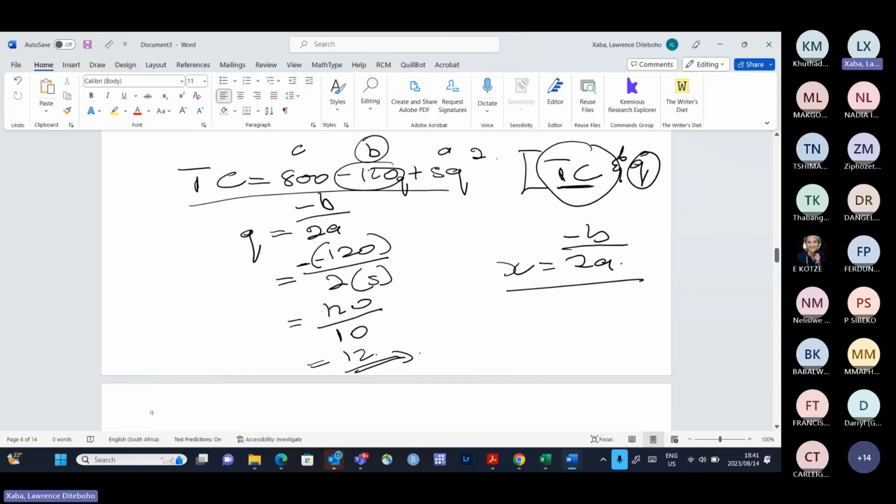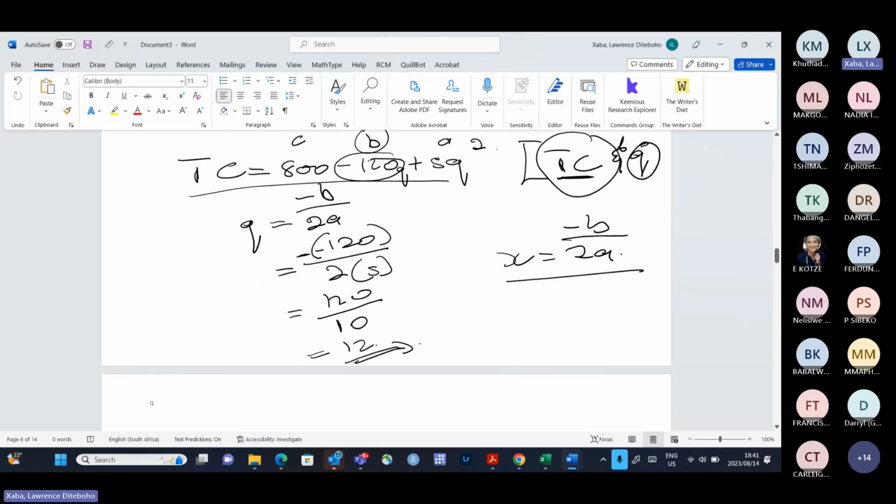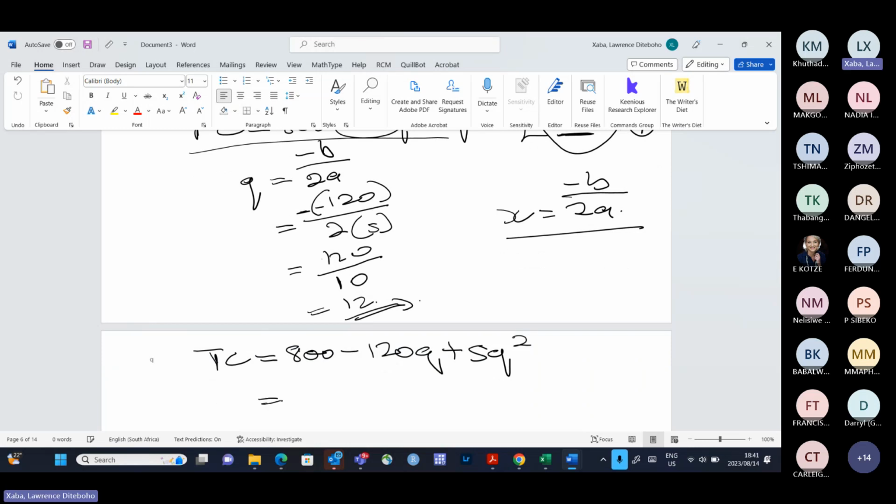Meaning now we go to this equation of TC equals 800 minus 120Q plus 5Q squared. Then we substitute 12, because we want to know how much the cost is going to be. 800 minus 120, open brackets, 12, plus 5, open brackets, 12 squared.